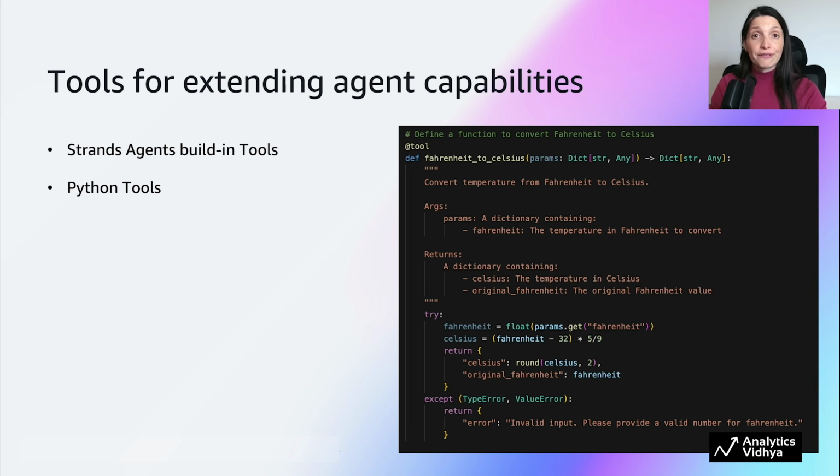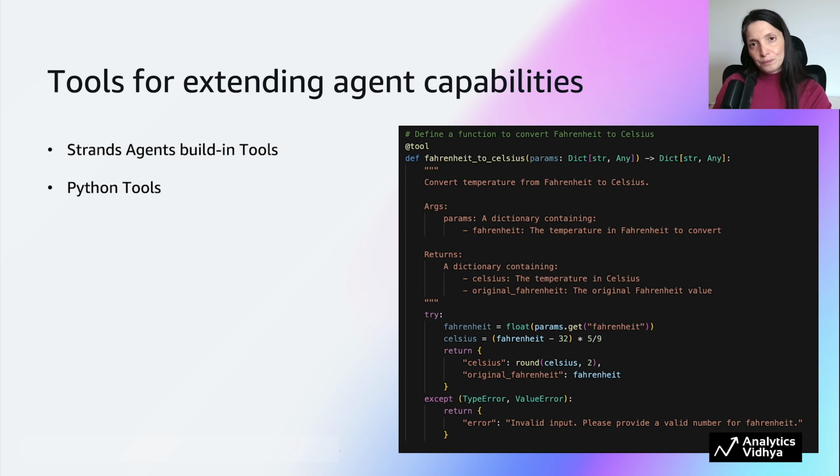You use the function decorator @tool that can be placed anywhere in your code base and imported into your agent's list of tools. For example, here we have a function that transforms from Fahrenheit to Celsius, and we use the tool decorator to define this function.